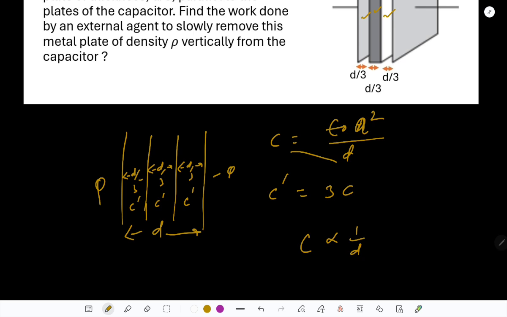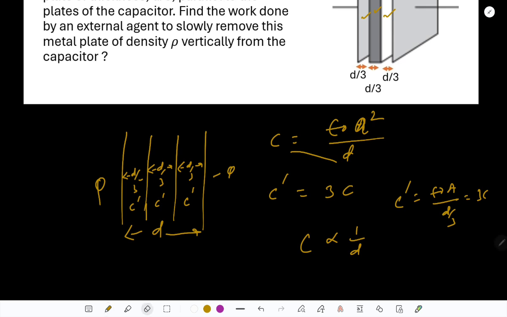So this C dash is simply epsilon naught A by D by 3, and that makes it 3C. These things are easily calculable and can be easily understood.